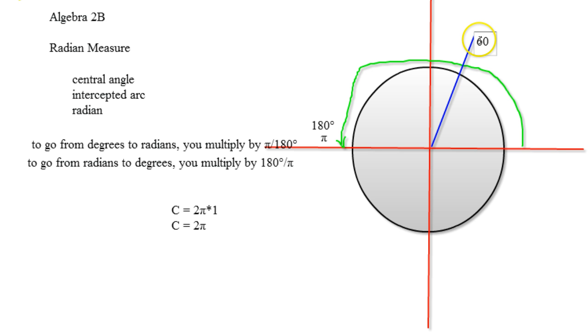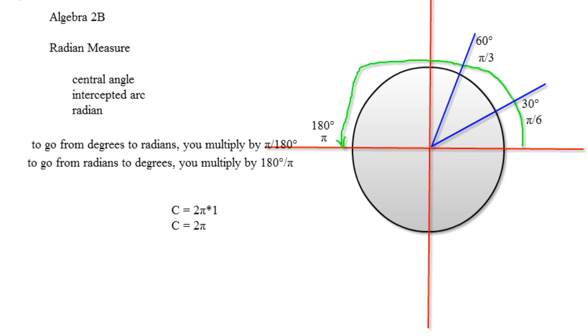So 60 degrees is pi thirds. If I went half of that, that would reduce it to 30 degrees, and that would be called pi over 6, because half of pi thirds is pi over 6, which makes sense.